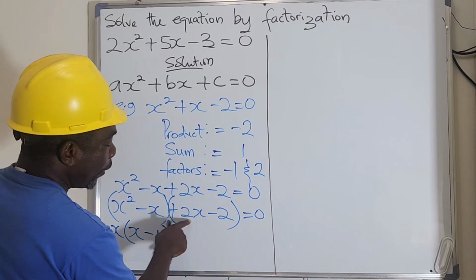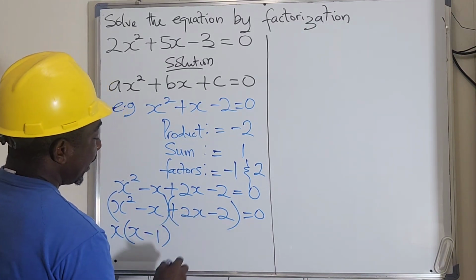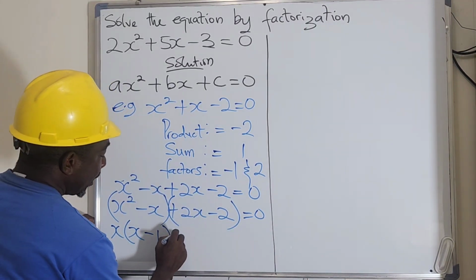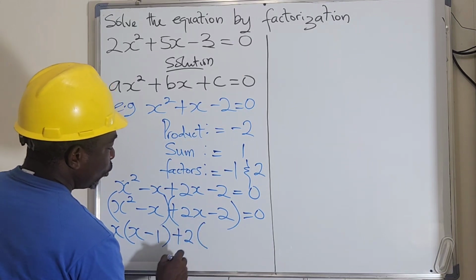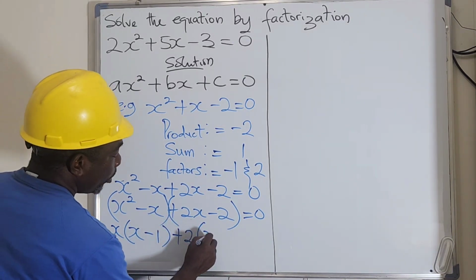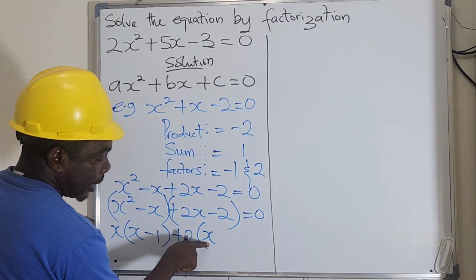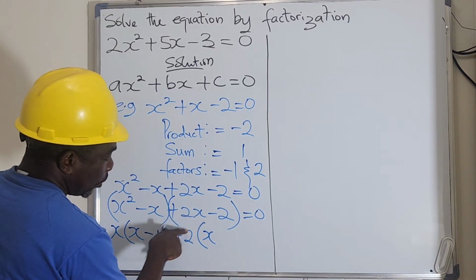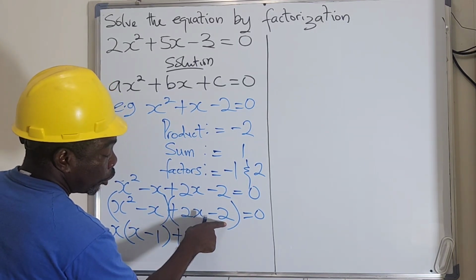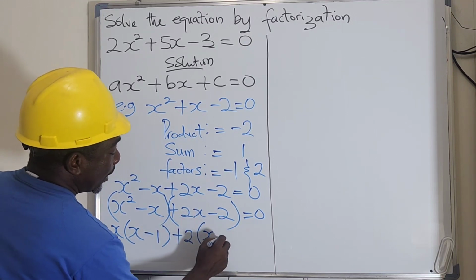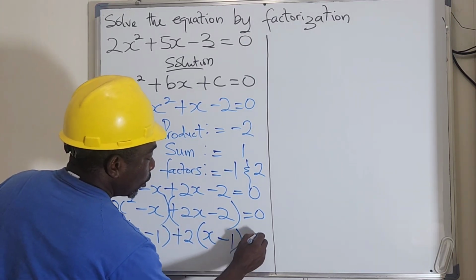So here, the factor that will go into this and this is 2. So we write plus 2 into, here it will be x, because 2 times x is 2x. Then what are we going to multiply for us to have minus 2? That is minus 1, equals 0.